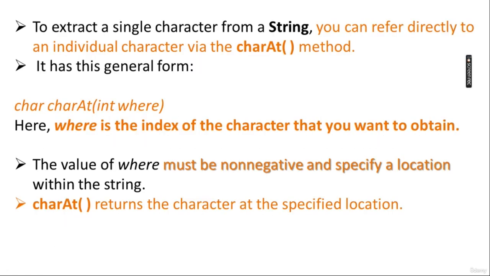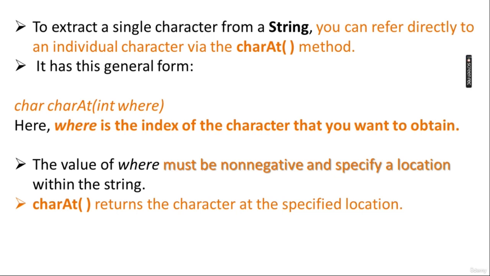Okay, in short, you just have to remember this. To extract a single character, charAt(int where), you have to specify the index. where is the index of the character that you want to obtain. The value of where must be non-negative. It cannot be less than 0 and must specify a location within the string. Okay, from within the range.